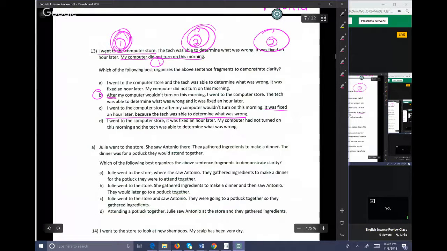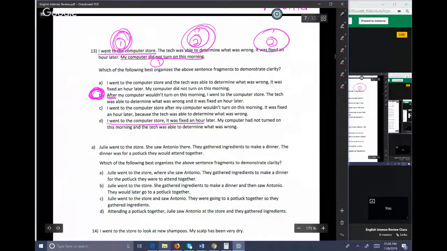It was fixed an hour later because the tech was able to determine what was wrong. So on both of the fragments, the first part and the second part, they combined the 2 things that we said should be together in a more complicated way than what they could have done. That's where it depends on your answer choices, because you could end up picking C if there weren't something better like B. In this instance, B is drop dead clearer than C, so we wouldn't pick C.